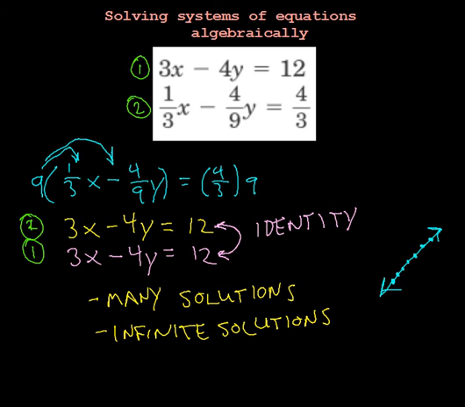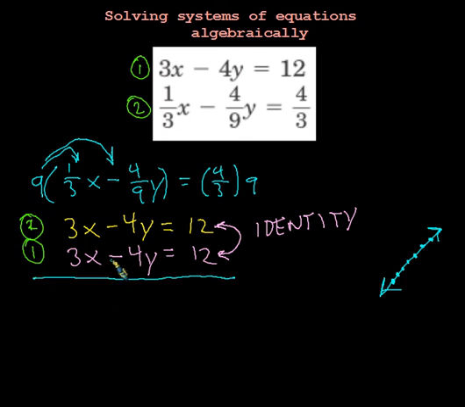Okay, let's try. Oh, one other thing I want you to notice before I'm done here. If I subtracted one equation from the other, what ends up happening is I get 0 equals 0. And this is another indication that I have infinitely many solutions.